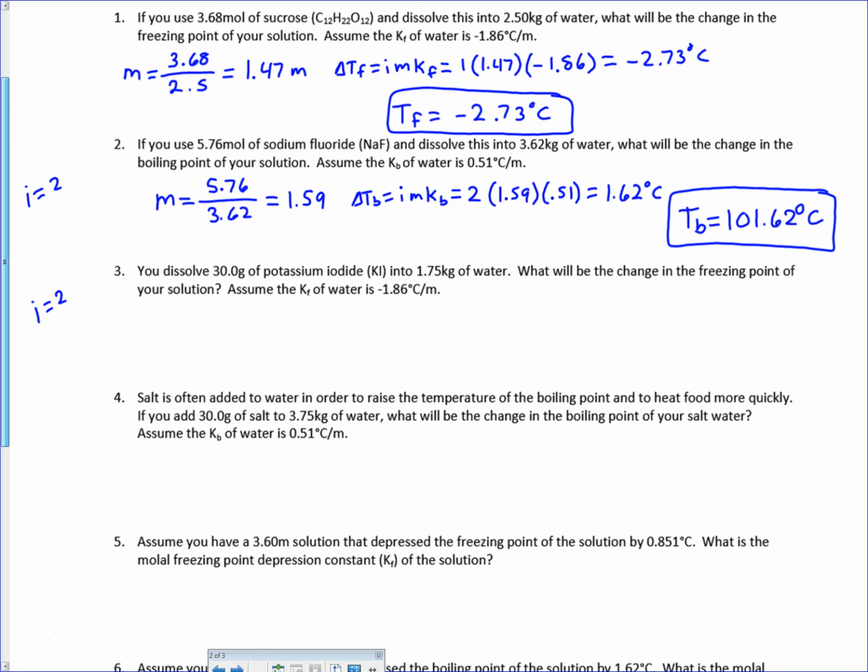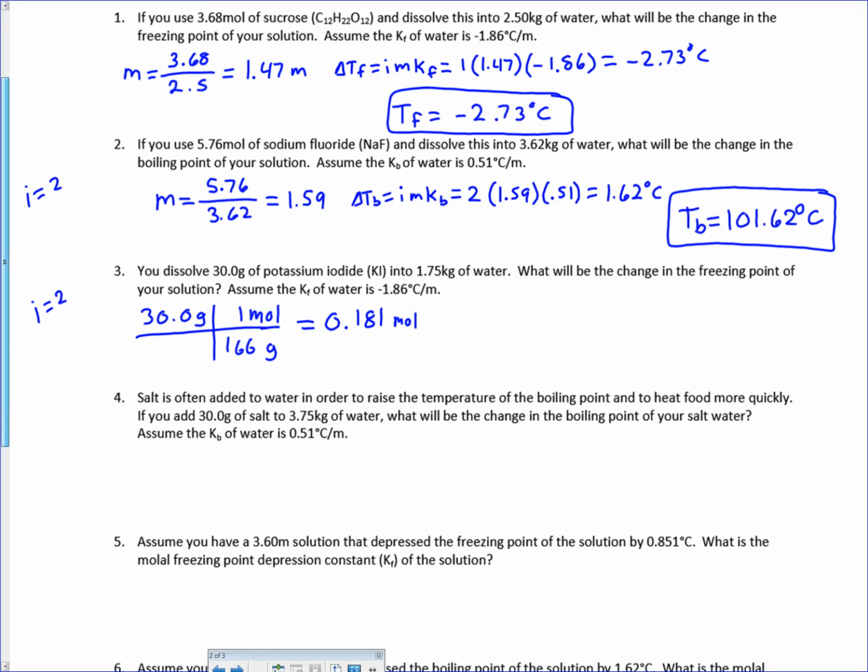So 30 grams, all right, and then if you calculate the molar mass, you get 166 grams in 1 mole. You multiply those, you get 0.181 for your number of moles.